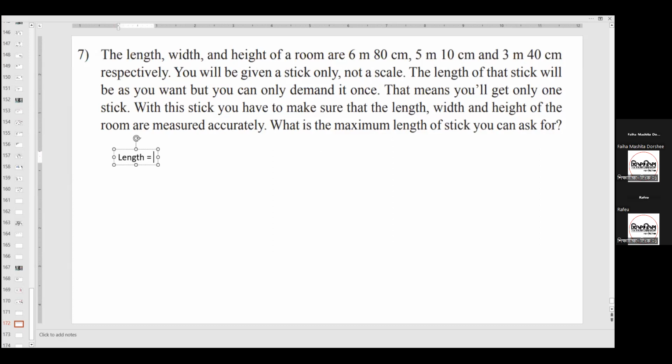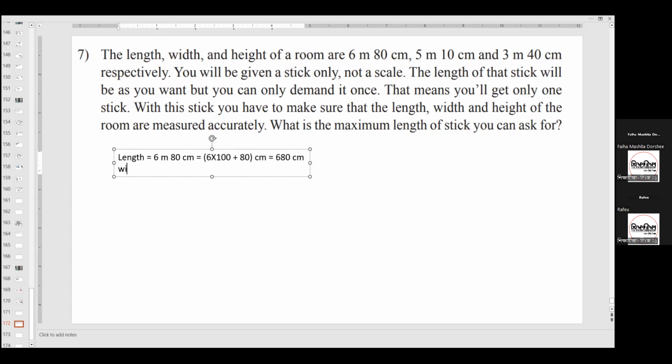Length equals 6 meter 80 centimeter, which is 6 multiplied by 100 plus 80 centimeter, and altogether it is 680 centimeter, right?